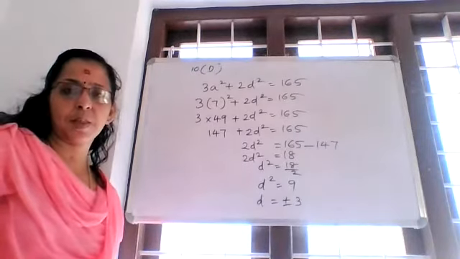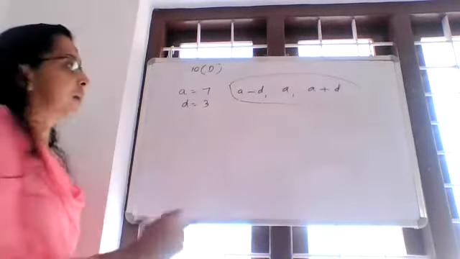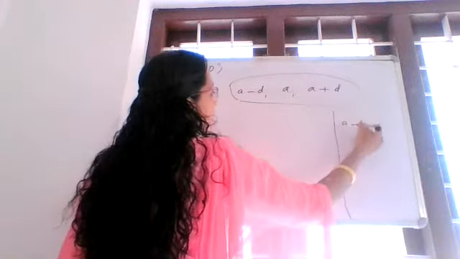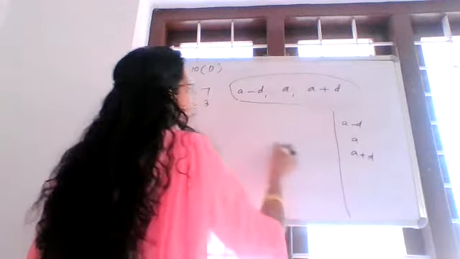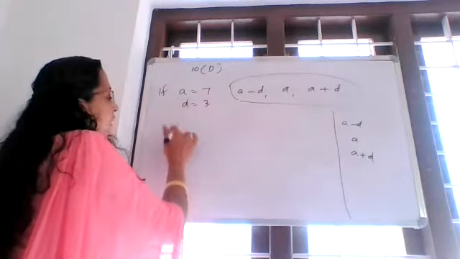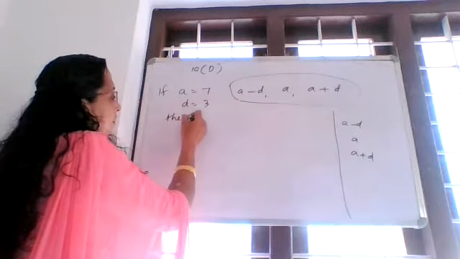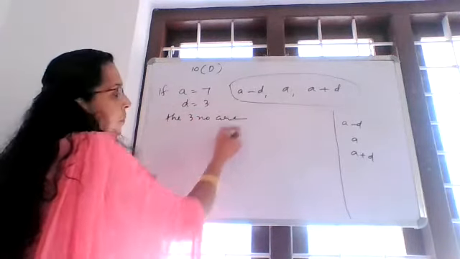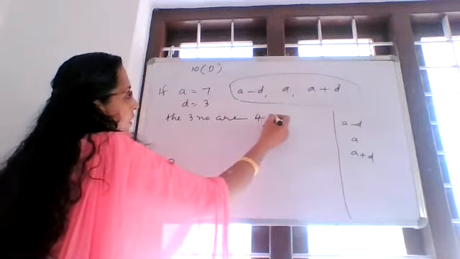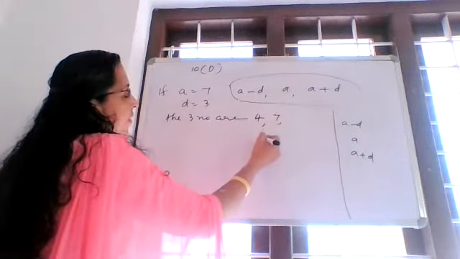That is the answer. Show the calculation, the working column here. The numbers are a minus d, a, a plus d. If a is equal to 7 and d is equal to 3, the three numbers are 7 minus 3, 4, then 7, then 10.